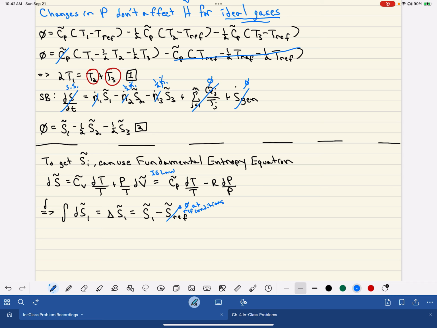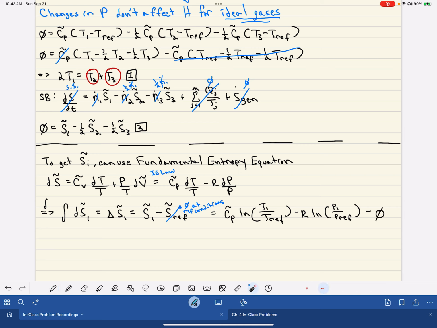So really all you're left with is just the S1 that we're calculating. So from our integral, we get this T1 over T ref minus our ln of P1 over P ref, and technically there's a minus 0 here, right?